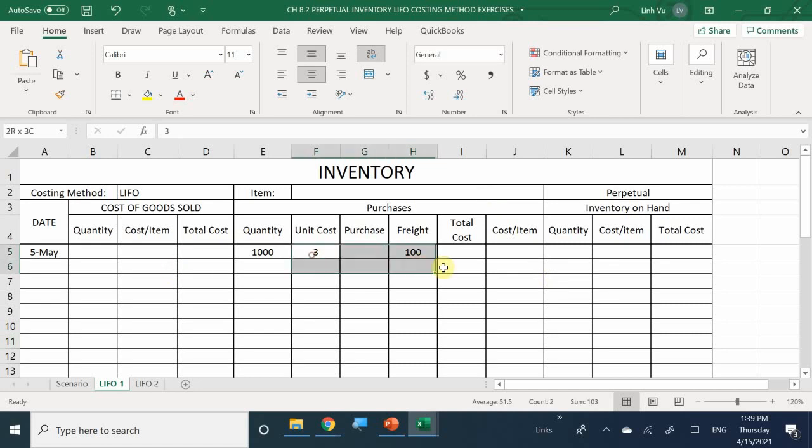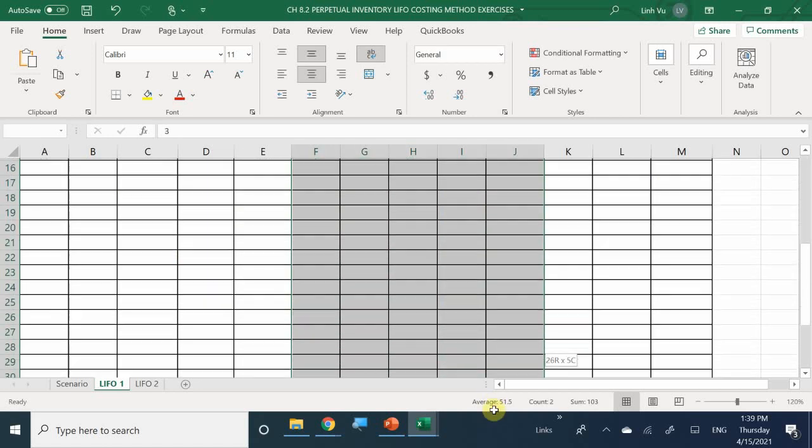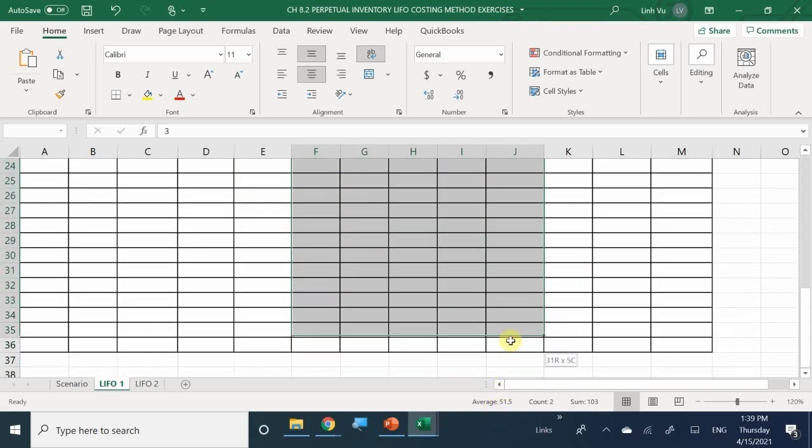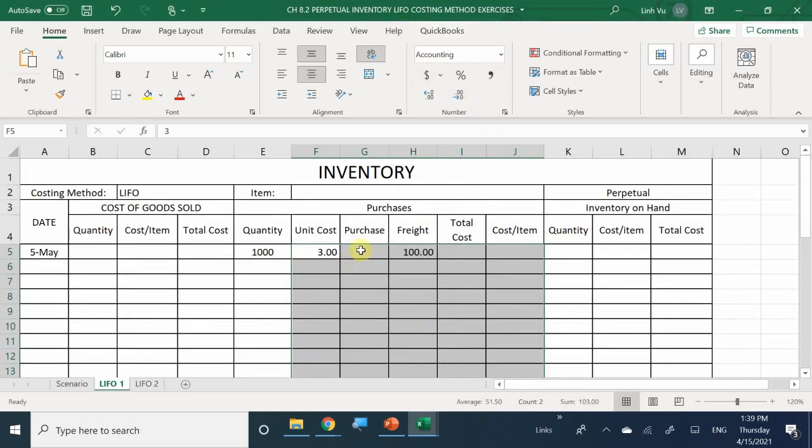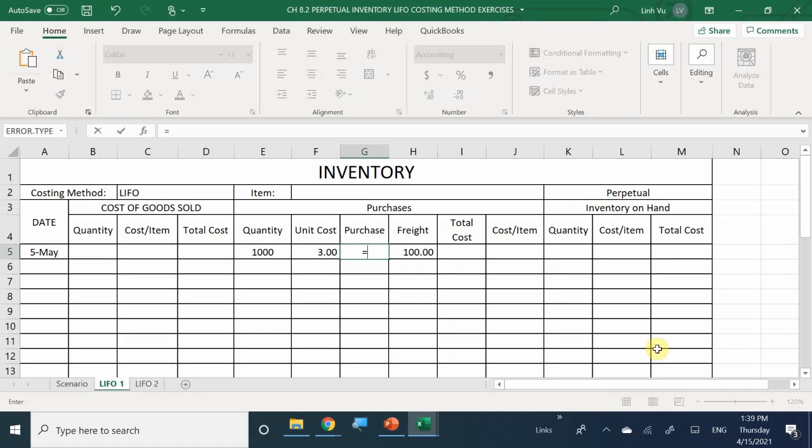Let me go ahead and format this real quick. So, what is my total purchase price? 3,000. We take our quantity of 1,000, multiply it by the $3, 3,000. To get our total cost, 3,100, right? 3,000 plus 100.